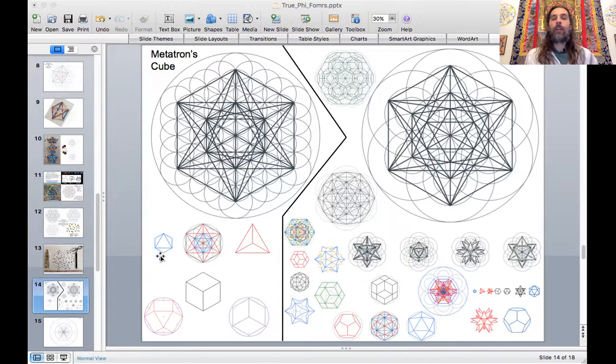So we get the octahedron and the tetrahedron, and we put both of those together: the star tetrahedron, octahedron, which of course is the cube. And then we have other variations, because you have other Catalan and Archimedean solids in here: the cuboctahedron, and the rhombic dodecahedron, which has 12 rhombic faces. I really love that form too.